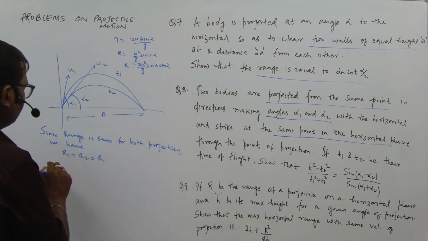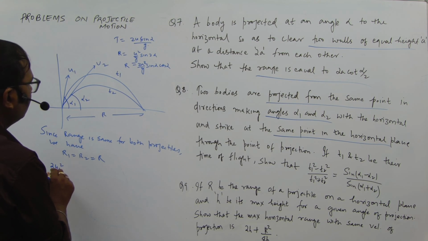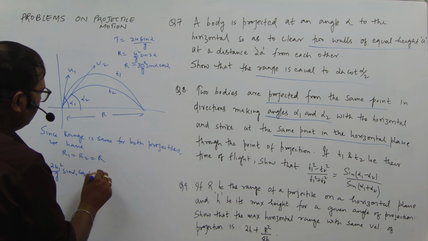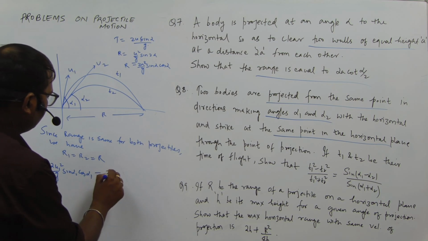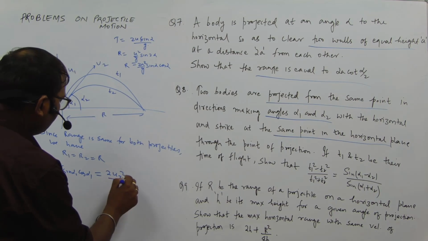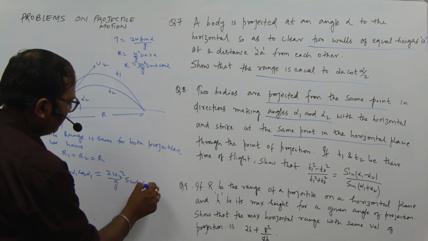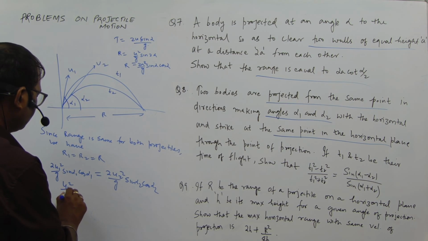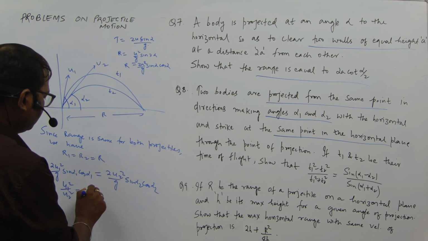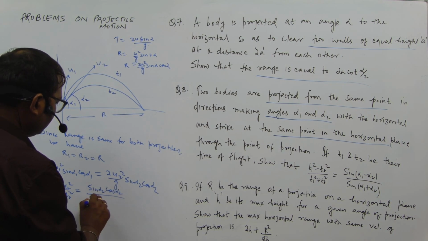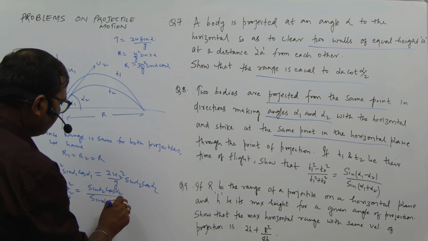We have R1 is equal to 2 U1 square upon G sine alpha 1 cos alpha 1, which is equal to, for the second projectile, 2 U2 square upon G sine alpha 2 cos alpha 2. So U1 square upon U2 square is equal to sine alpha 2 cos alpha 2 upon sine alpha 1 cos alpha 1.